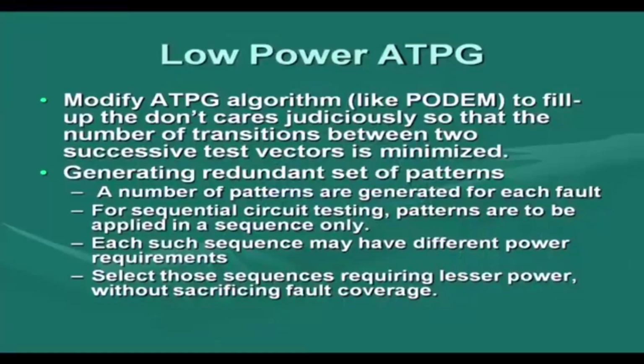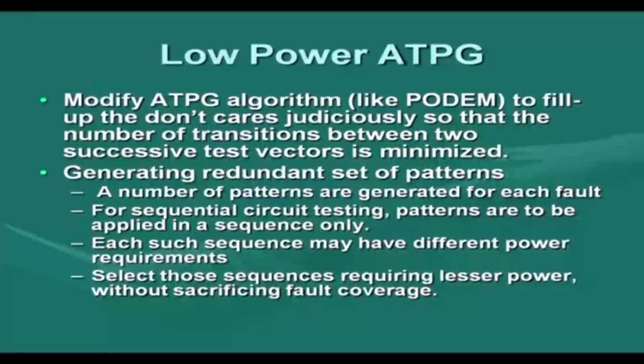So, we can go for the sequence which may be longer, but whose power values are low. If we select these sequences requiring less power, fault coverage is not sacrificed, because for every fault I have got options of sequences, and I am including at least one sequence for each fault. So, fault coverage is not dropped, but our power consumption may be reduced.